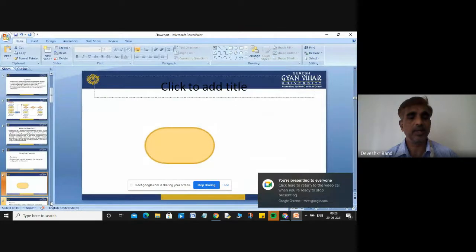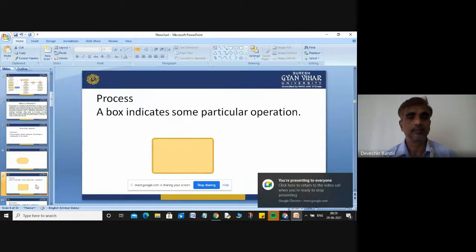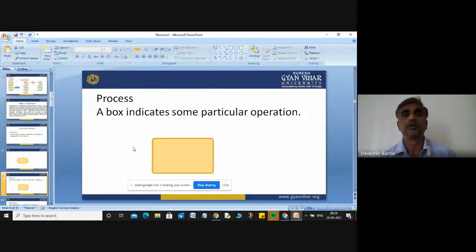And the next symbol is the process. Your process is represented in a rectangular box. Here I'm not talking about a rectangle or a square, I will only say the symbol of your process is the box.